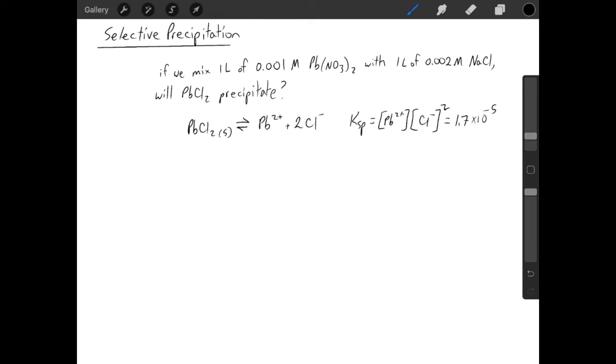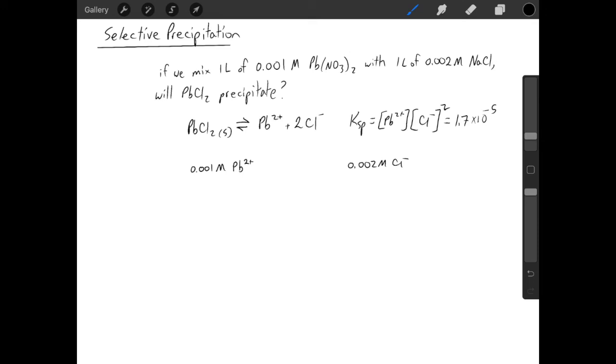And then to answer the question, you simply need to find Q, which means you need the concentration of lead ions and chloride ions in solution. Remember that lead nitrate and sodium chloride are strong electrolytes, so we can very easily find the concentration of lead ions and chloride ions. Before mixing, you have 0.001 molar lead ions and 0.002 molar chloride ions.